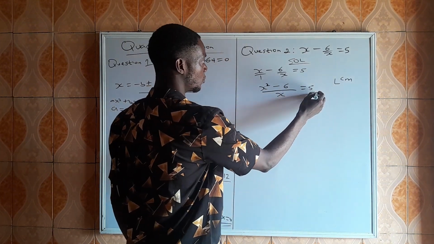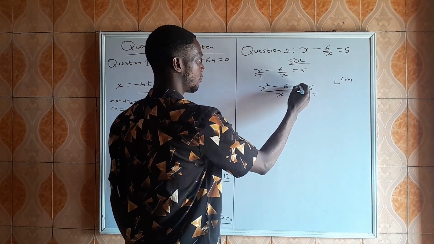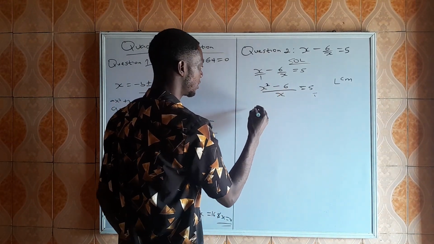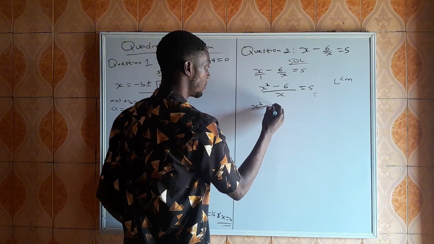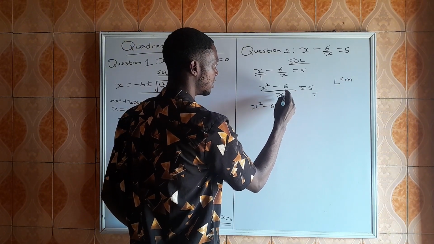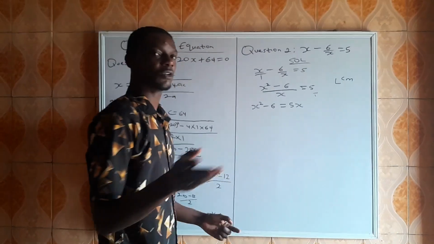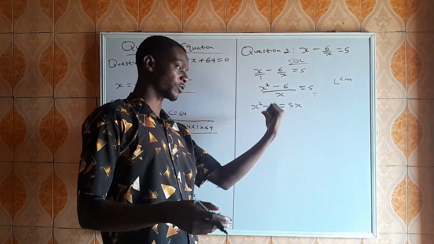So the next thing to do, you cross multiply. So from here you have 1 multiplied by the value here, so you have s squared minus 6, and s multiplied by 5, so you have 5s. Now we want to move this 5s to the other side.